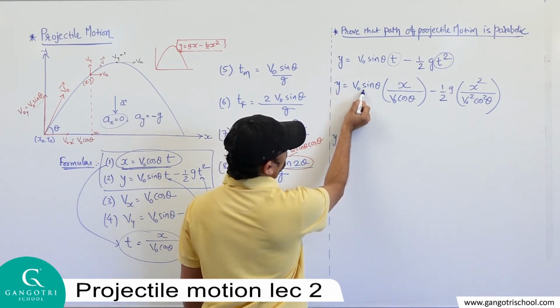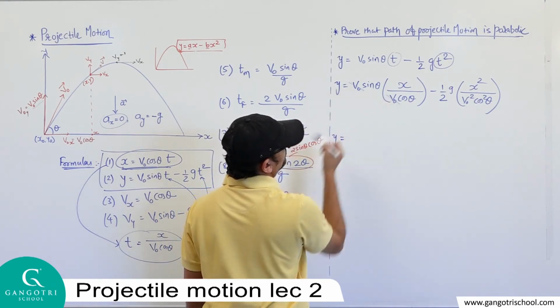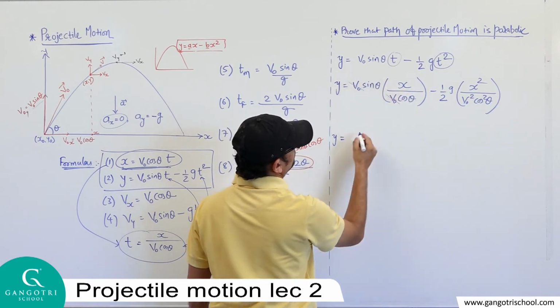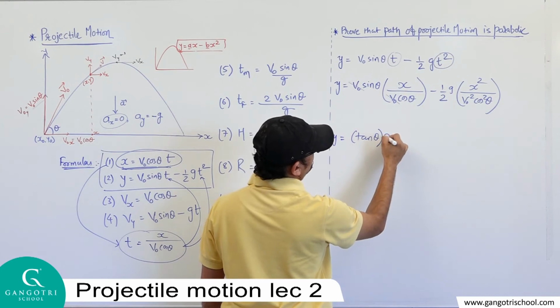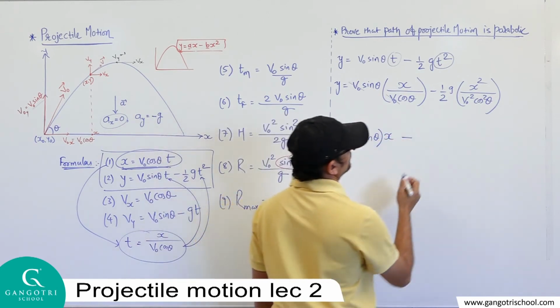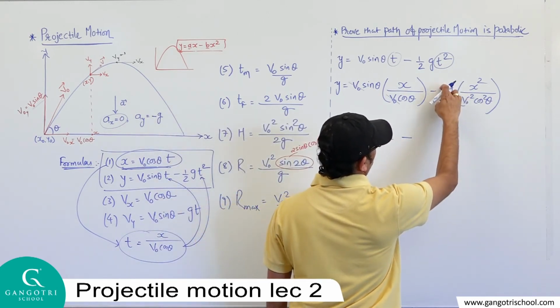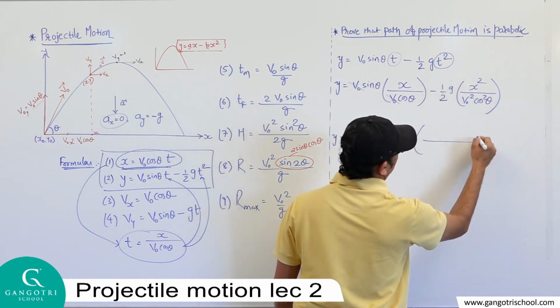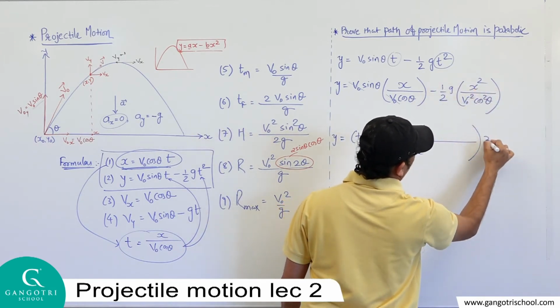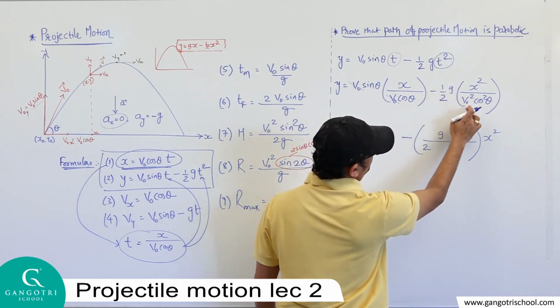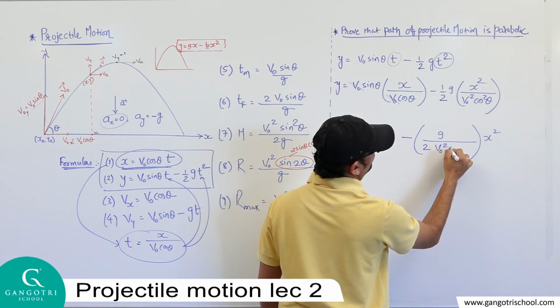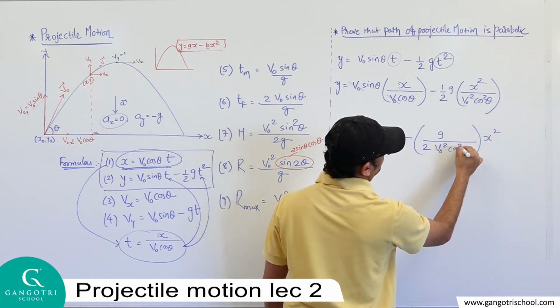V0 and V0 cancel, sin upon cos means tan theta into x as it is, minus g upon 2. Let's take x square out of the bracket, g upon 2 inside the bracket, and in the denominator V0 square cos square theta is already there.